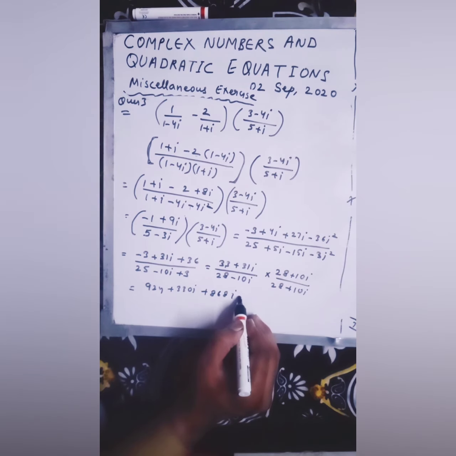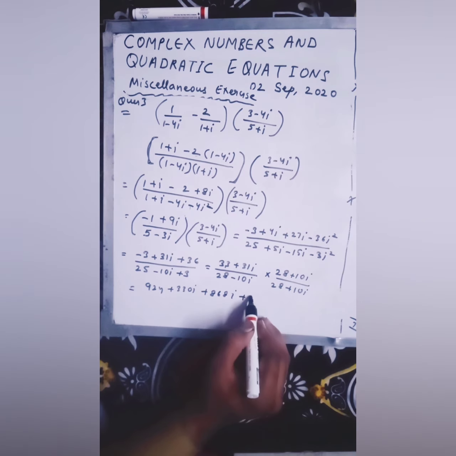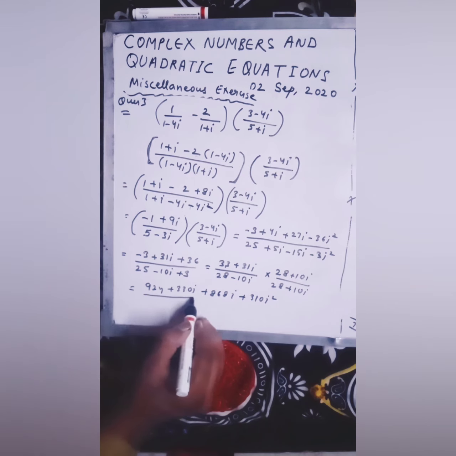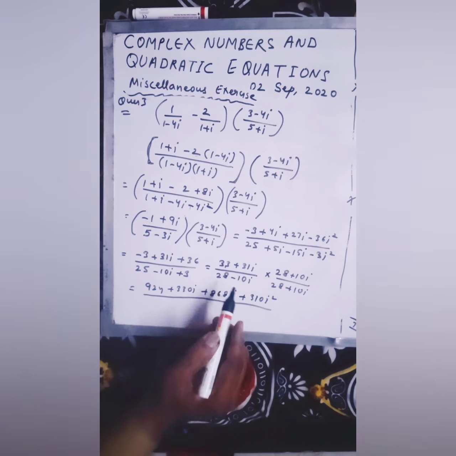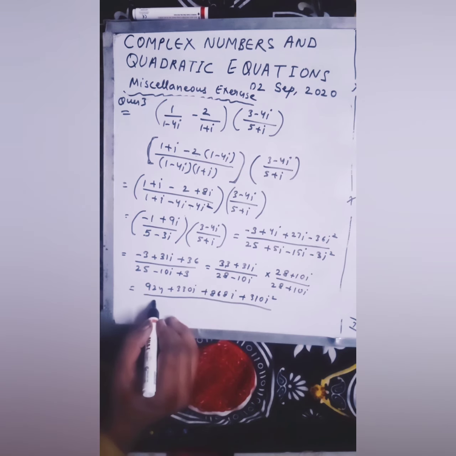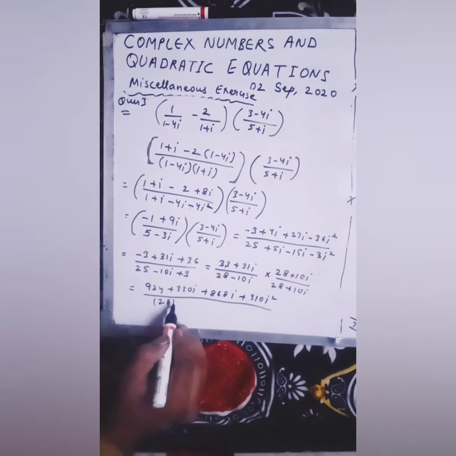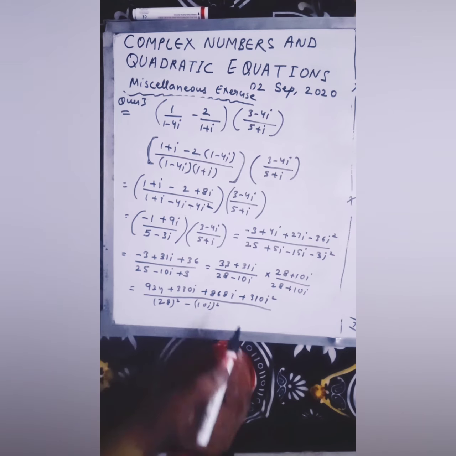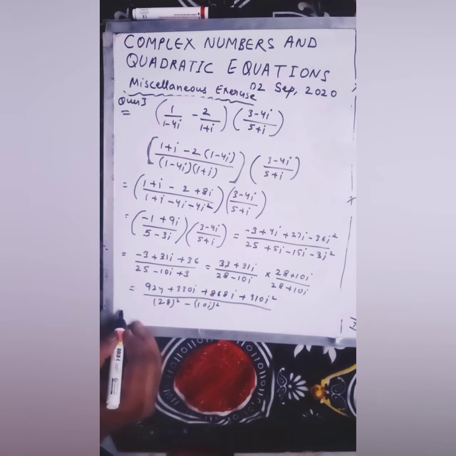At last this would be plus 31 into 10, 310 iota square, over, here you have to write 28 square minus 10 iota whole square.